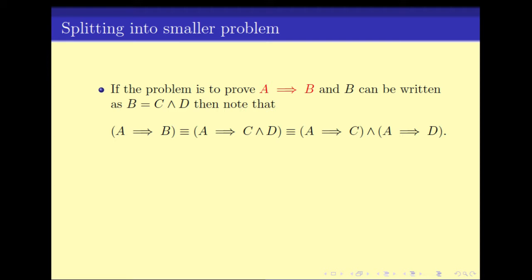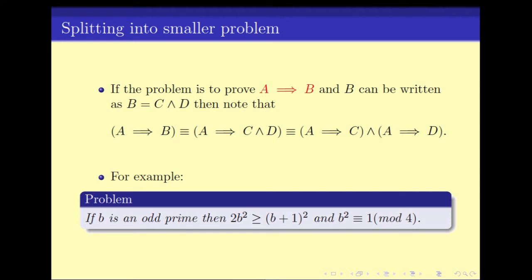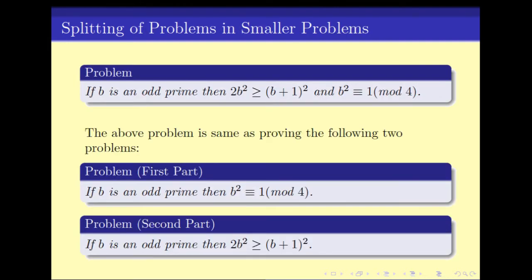In other words, if B can be written as C and D, then proving A implies B is the same as proving A implies C and A implies D. We looked at an example where, since there was an "and" in the deduction, we could split the problem into two parts, a first part and a second part.